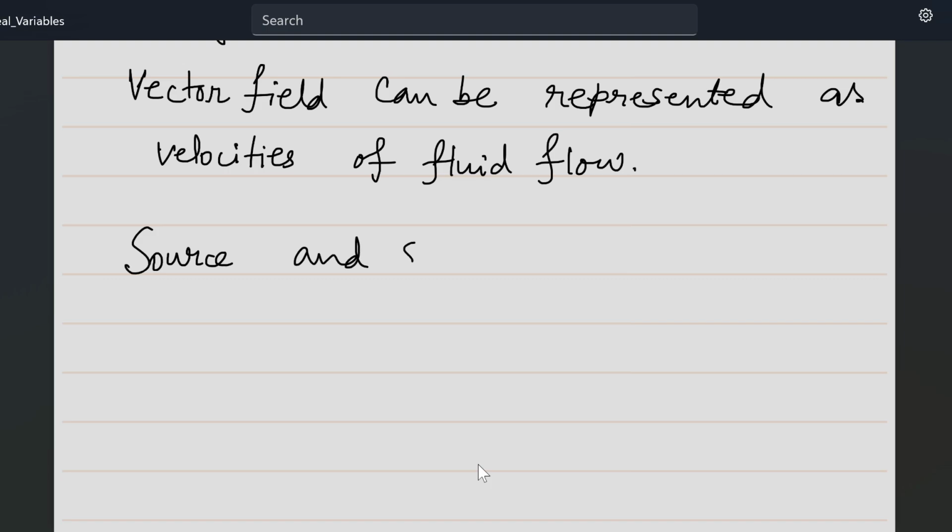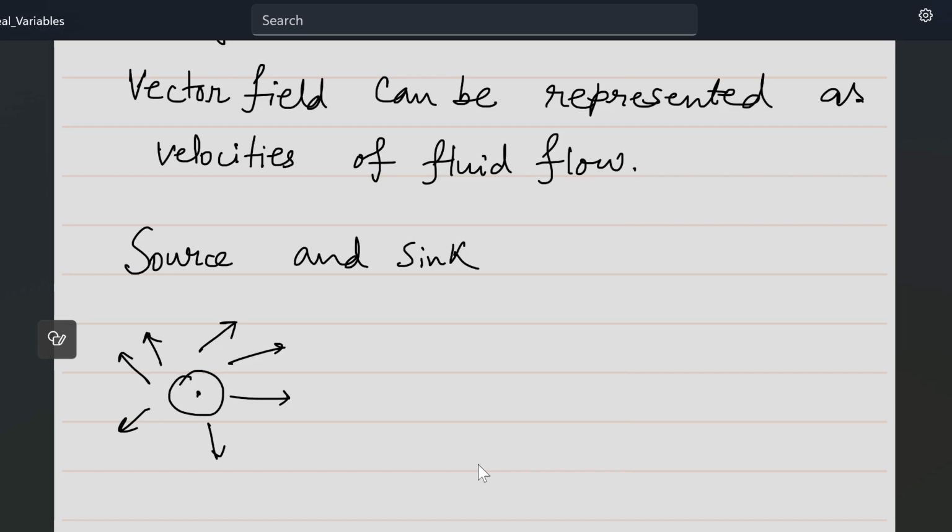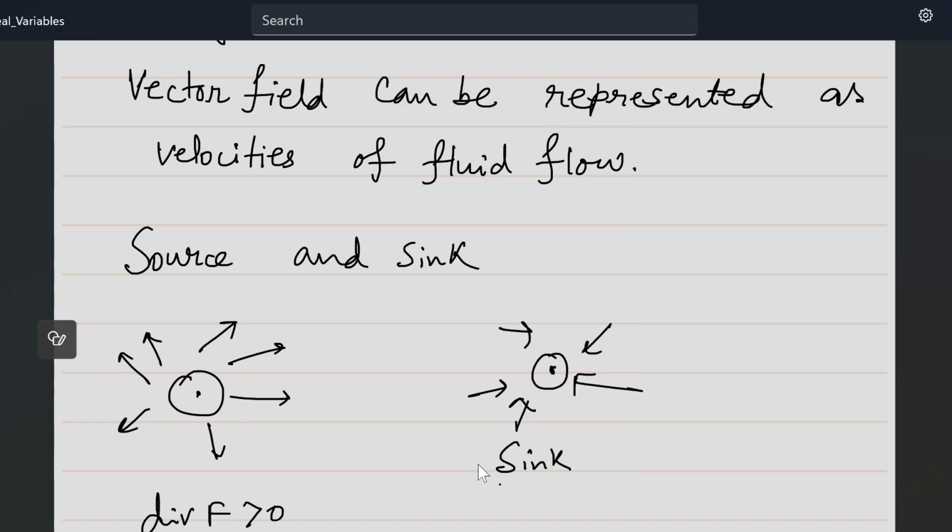Suppose this is a source, meaning fluid is going out of this region. Here divergence is positive. And sink means fluid is coming into this region. This is called sink. So here divergence is negative.